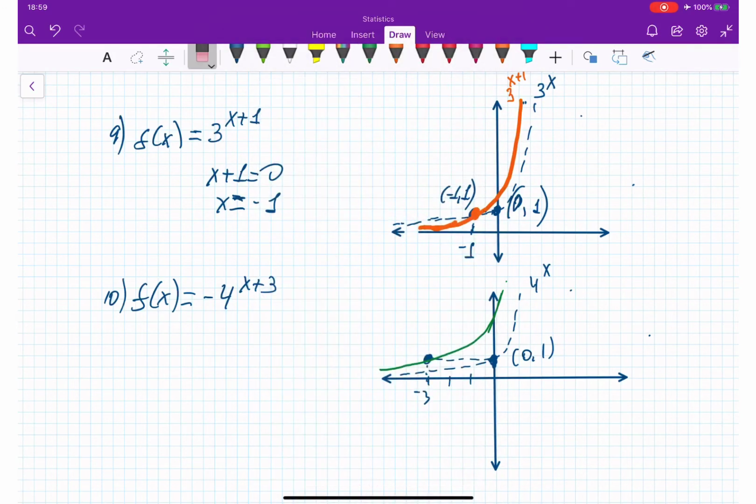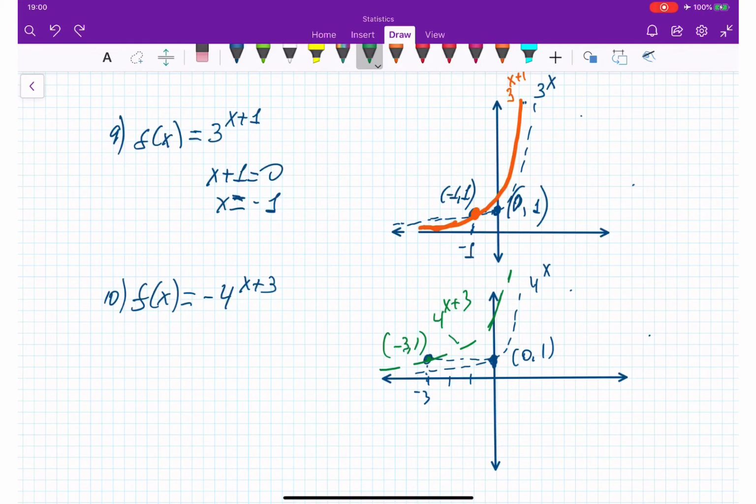I want to use dashes here because this is not our final answer. So this is 4 to power x plus 3, and this point is negative 3, 1, because of this plus 3 we shifted by negative 3.